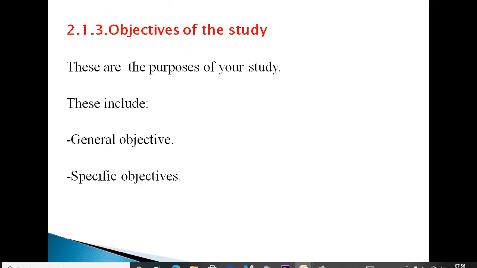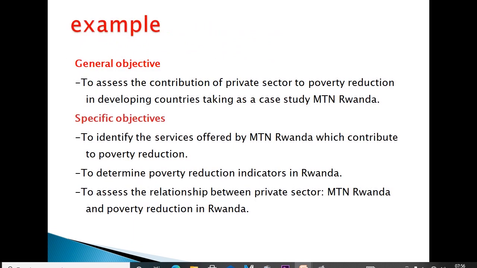After presenting the background of the study and the problem statement in the general introduction of your research proposal, you move on to the third subtitle, which is the objectives of the study. The objectives of the study are the purposes of the study. These include the general objective and the specific objectives.